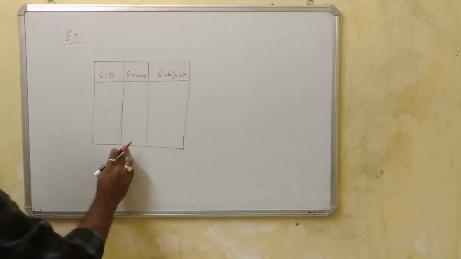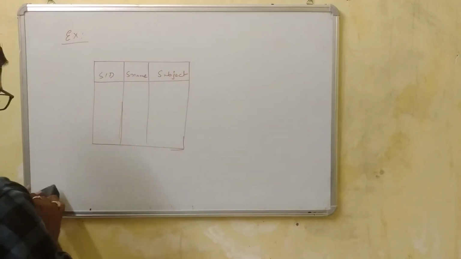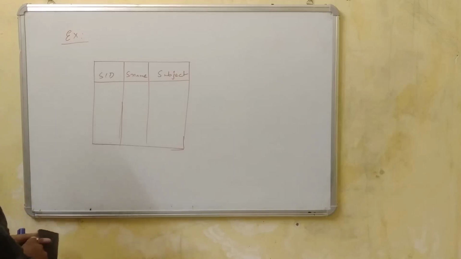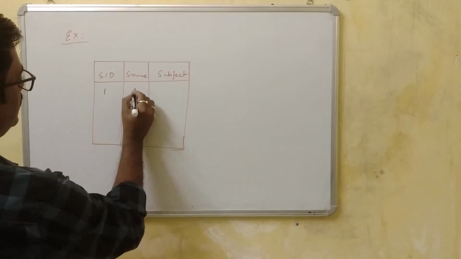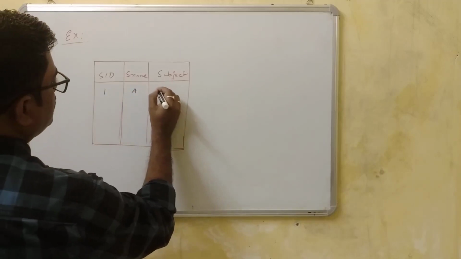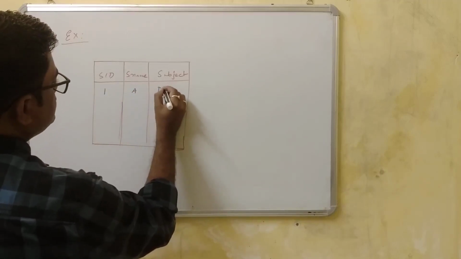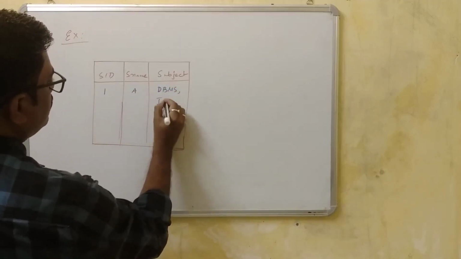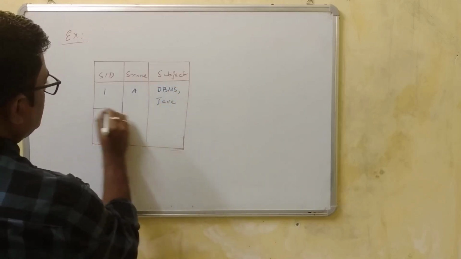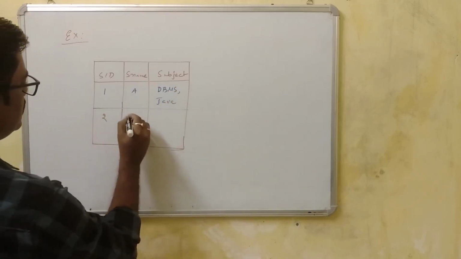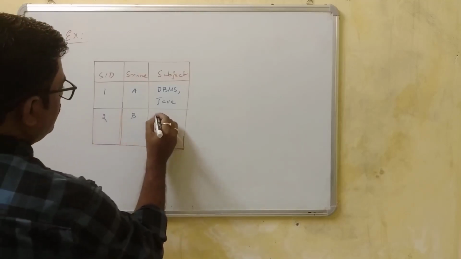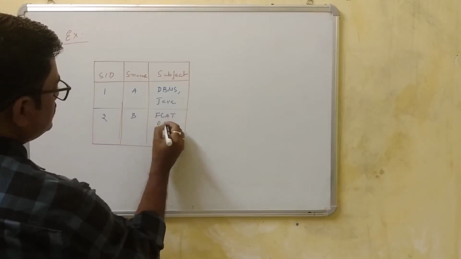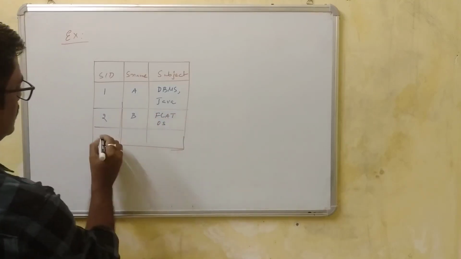The records are as follows. Roll number 1, name A, subjects DBMS and Java. The second record is roll number 2, B, subjects flat and OS.